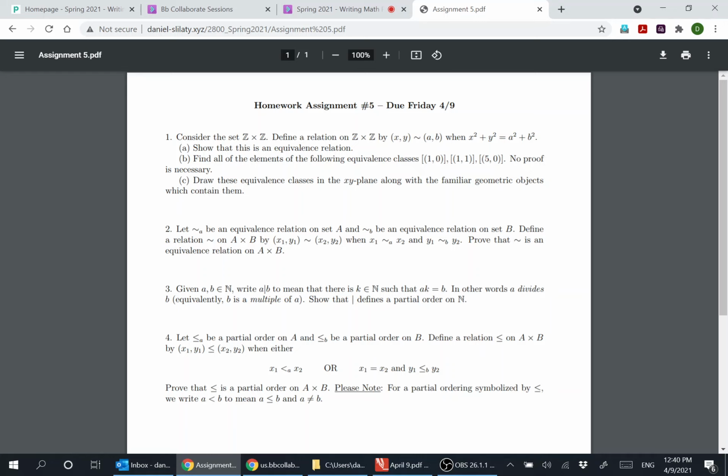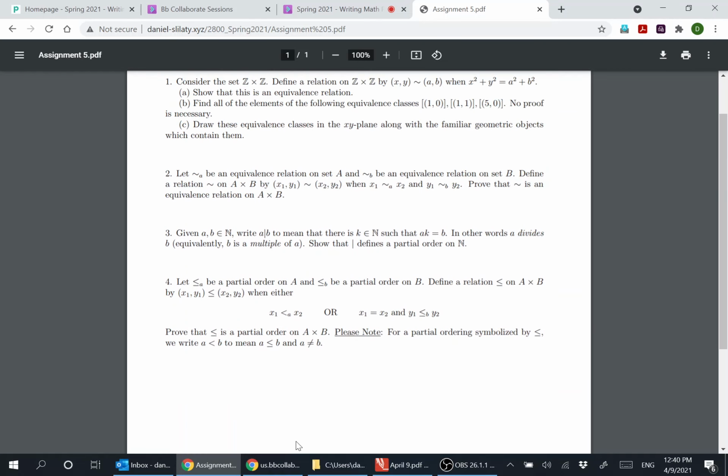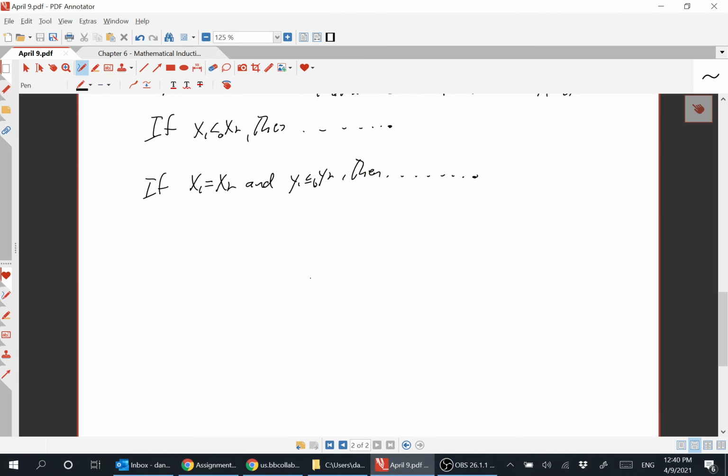Could you help with the transitivity part for number 3? Transitivity. Okay, number 3, on the divisibility partial ordering. All right, so the transitivity part.